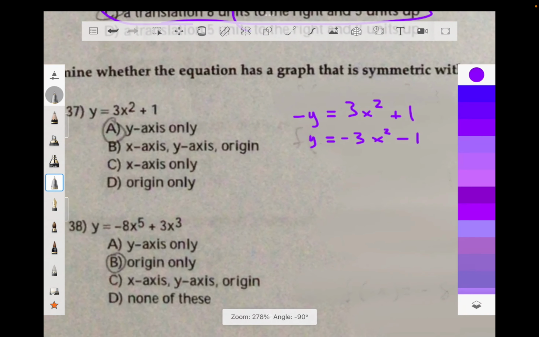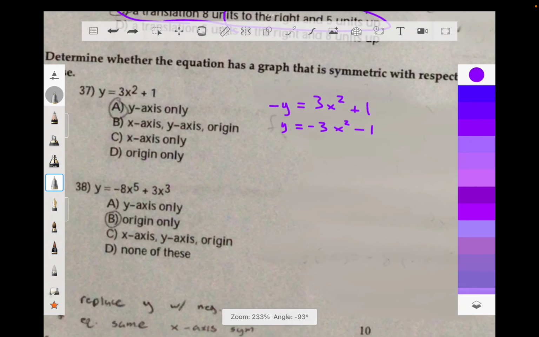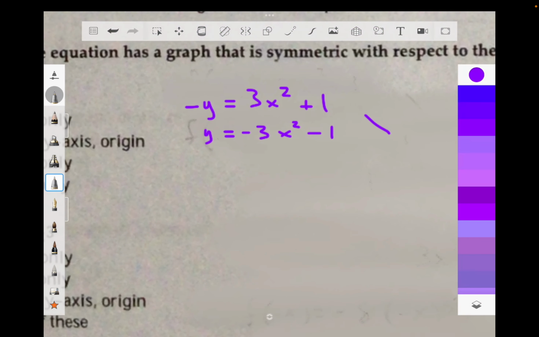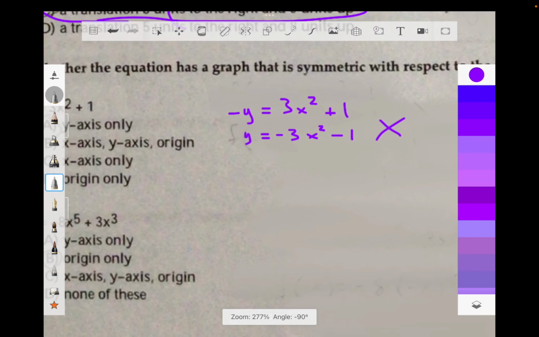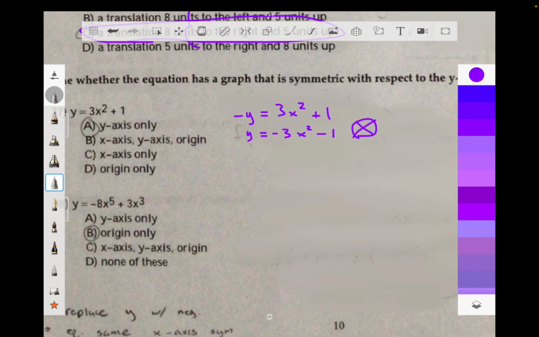Is that the same as the original? No. There's a negative here and here that doesn't exist here or here. So it's not the same. So that means it is not x-axis symmetric. So I'll mark it like an x, I guess.